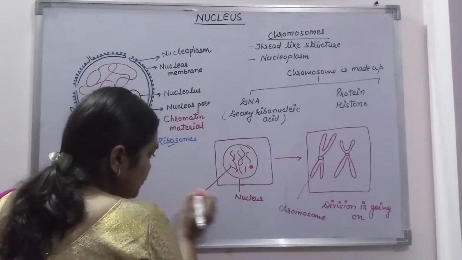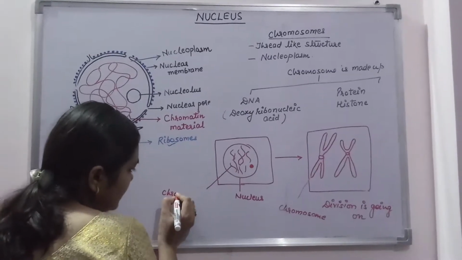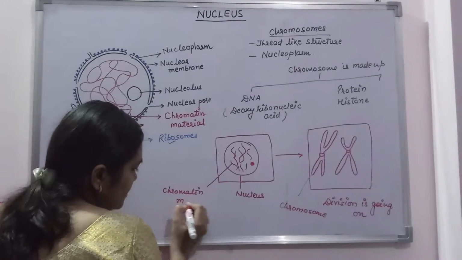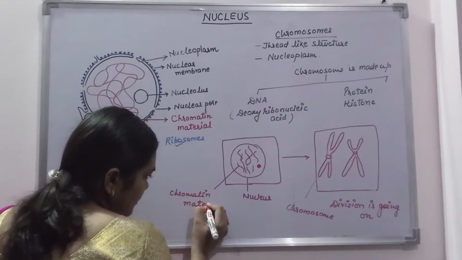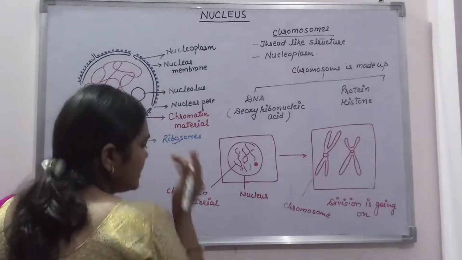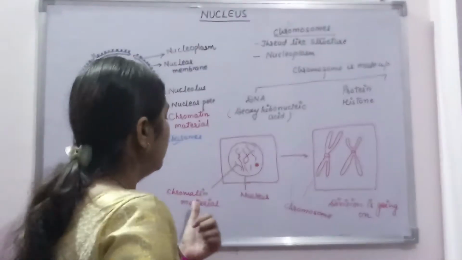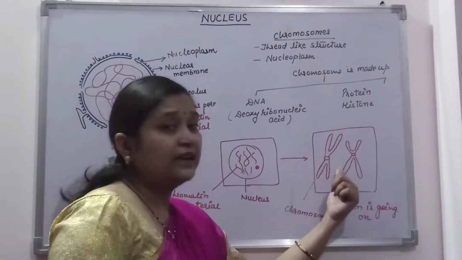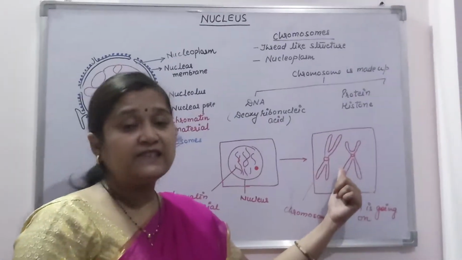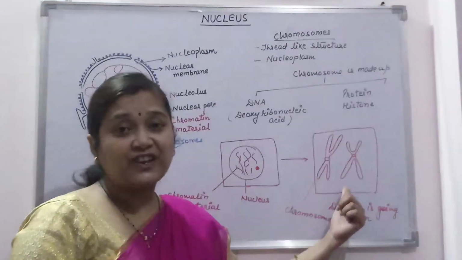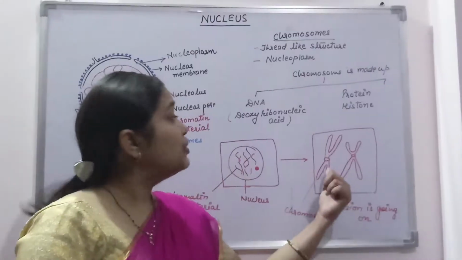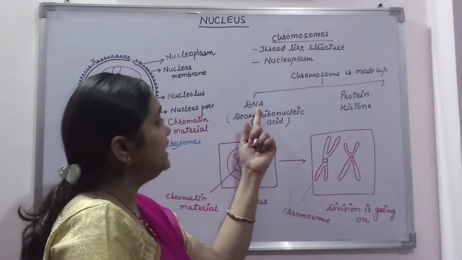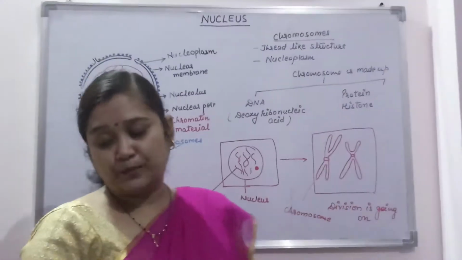This is the chromatin material, or you can say chromatin fiber also. When this chromatin material condenses, it forms a new structure known as the chromosome. Okay beta, chromosome is made up of DNA as well as histone protein.